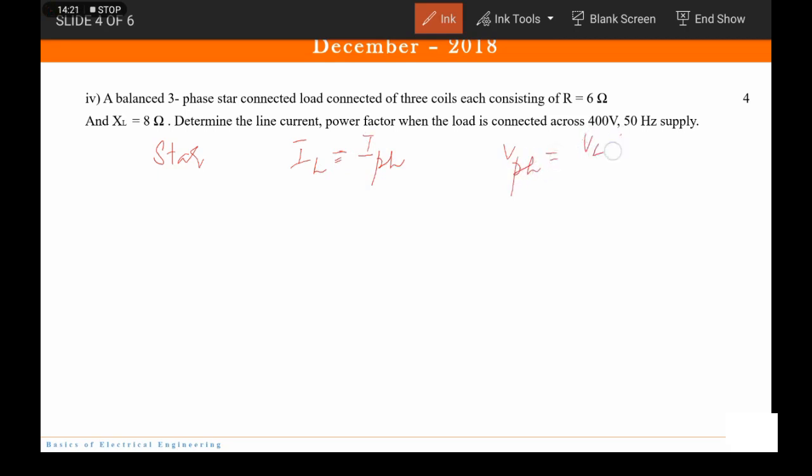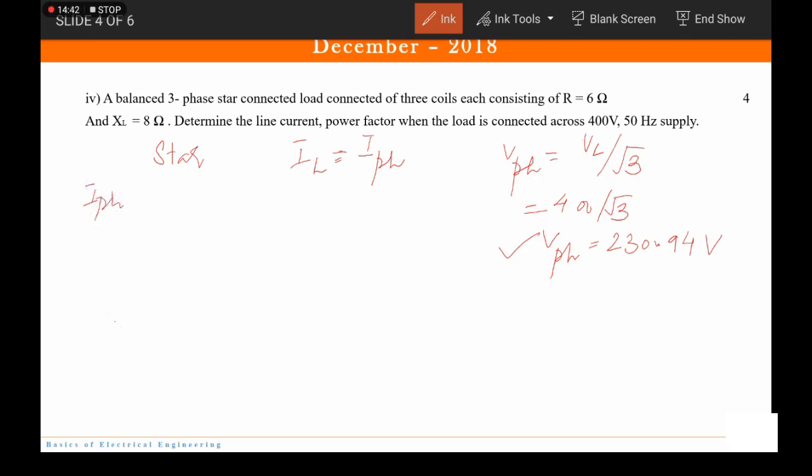Phase voltage is VL by root 3. VL is specified as 400, so 400 by root 3, and the phase voltage comes out to be 230.94 volts.